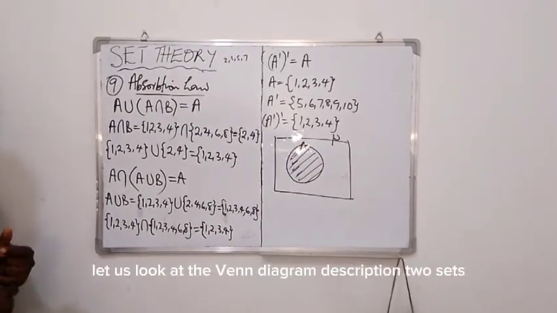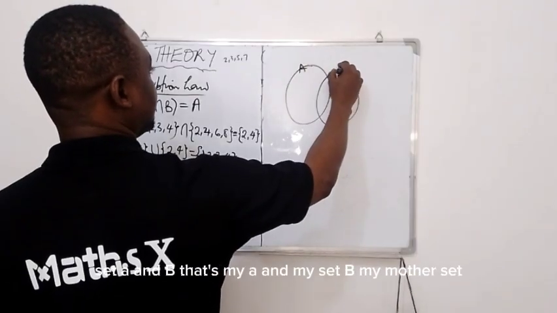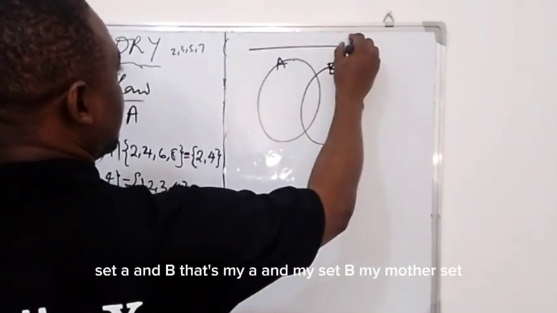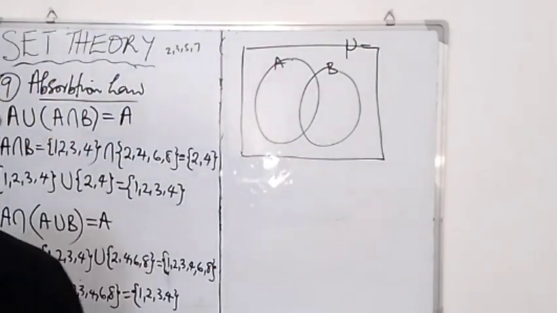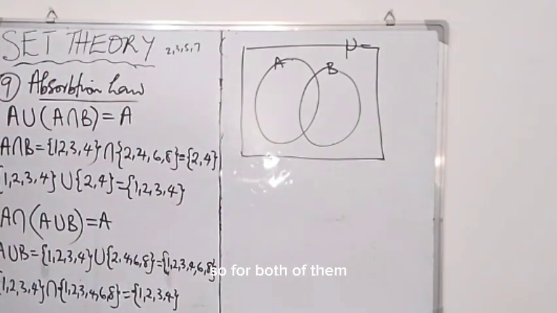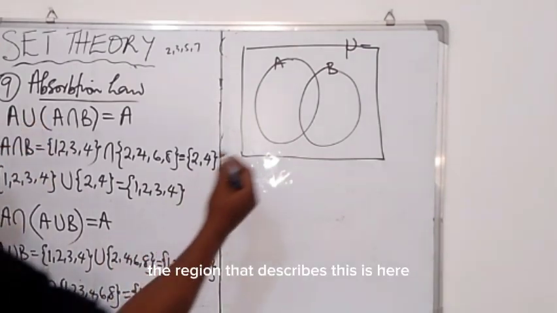Let us look at their Venn diagram description. Two sets, set A and set B, our mother set rather. For both of them, the region that describes this is here.